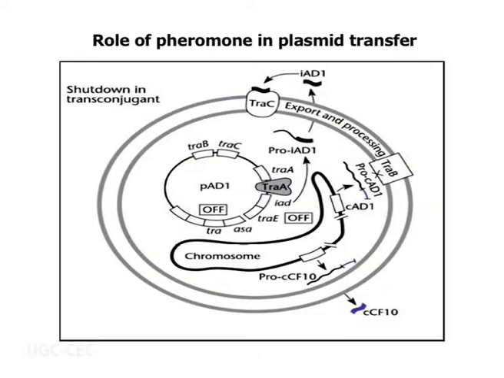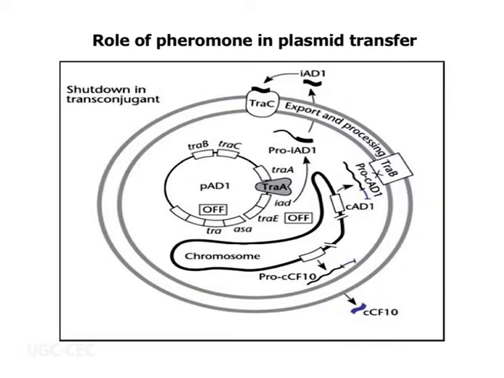In this regard, the plasmid which gets entry into the bacterial cell codes for another smaller peptide which we call IAD1, where I stands for inhibit. It is similar to CAD1, which was acting as a signaling molecule to initiate transfer from donor to recipient.